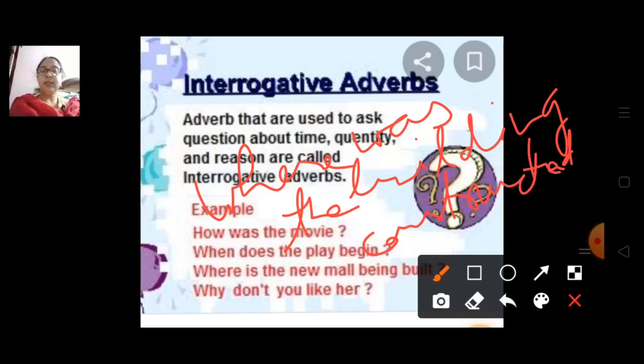Now here you can see the question is asking about the place. Where? So, where was the building constructed? So it is asking about the place. So interrogative adverbs are used to ask the place of an action.